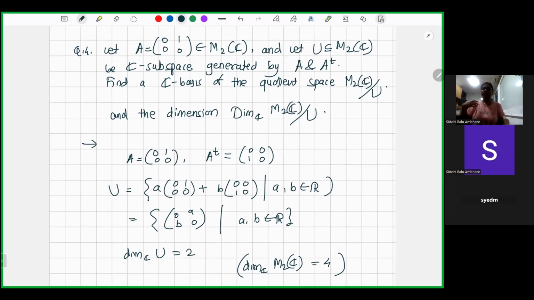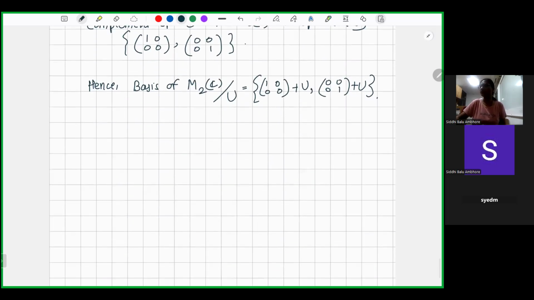Whatever is the basis of that complement space, the corresponding elements in the quotient space will form the basis for my quotient space V quotient U. That was the main idea of whatever we solved so far. And now let's move to the next question.